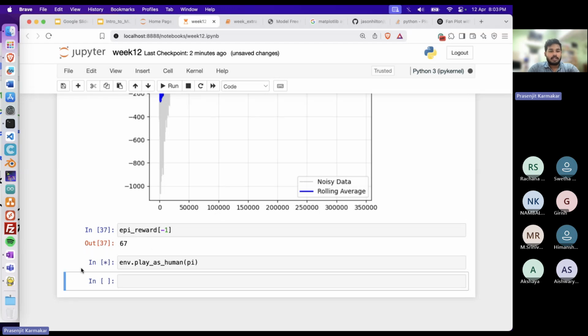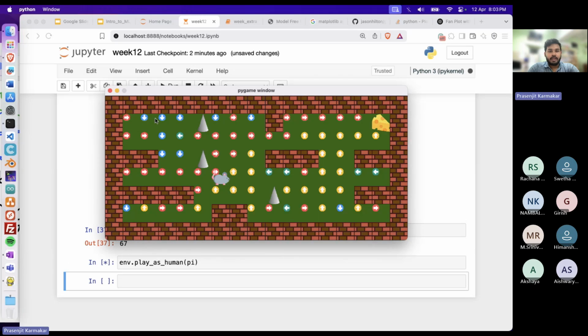And the policy, if I check, it's like this. It's something different, but I can obviously reach the cake without falling into the traps, right? So go right, down, right, up, up, right, up, right.